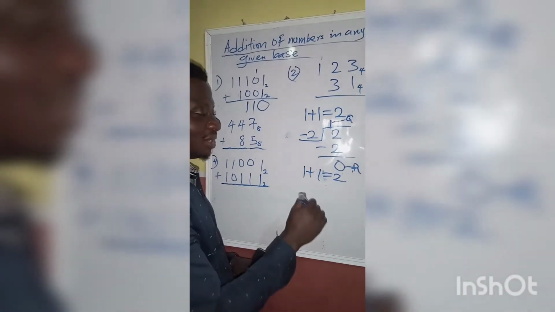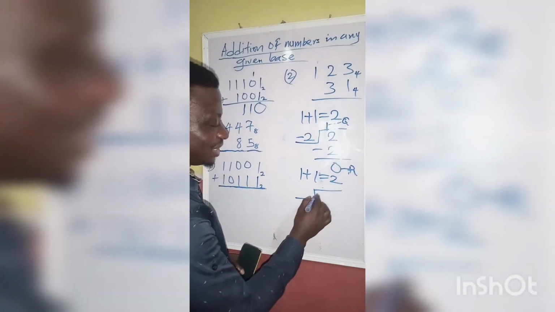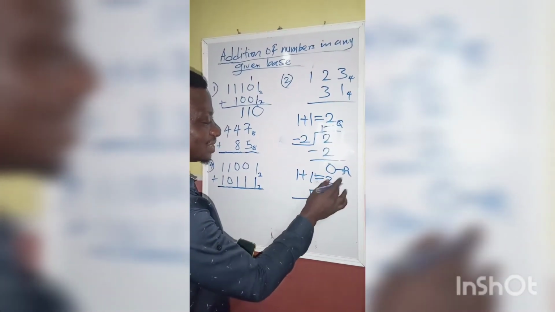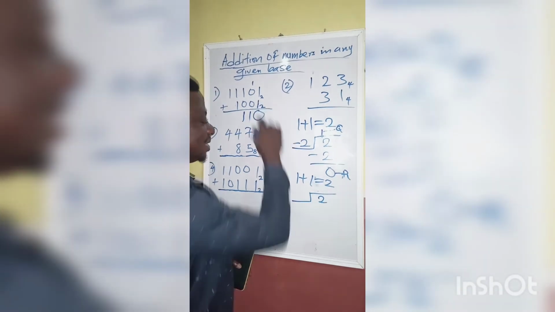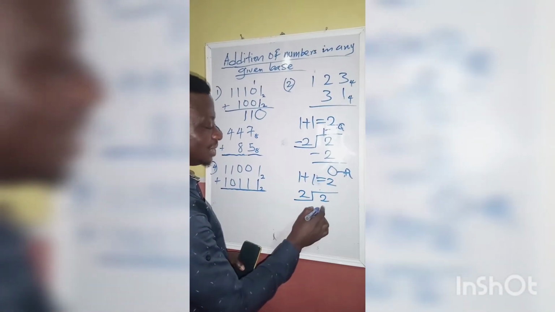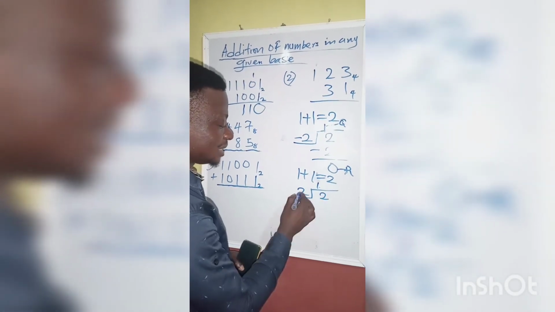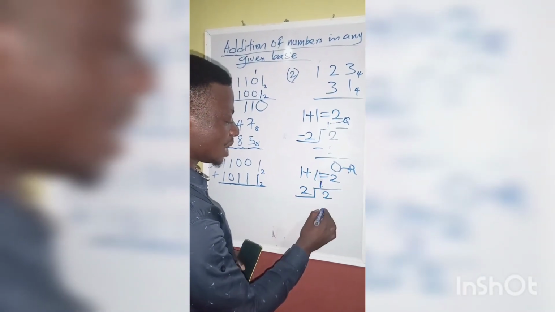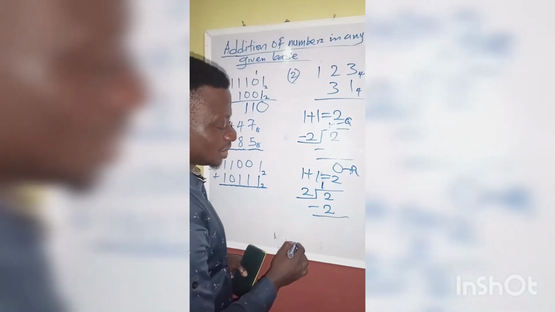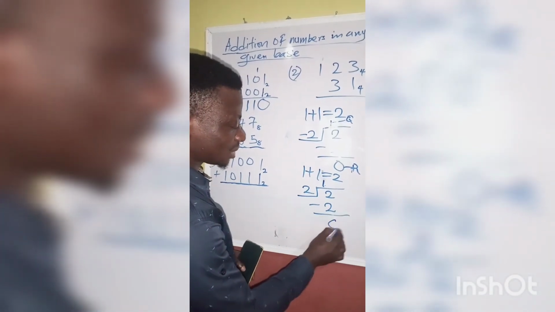Now, we are going to have the long division again. When we add it together, we have 2. Then the base will be here. How many times will 2 go into 2? We have 1. Then this 2 multiplied by this 1, we have 2. Then subtract it and you get 0.